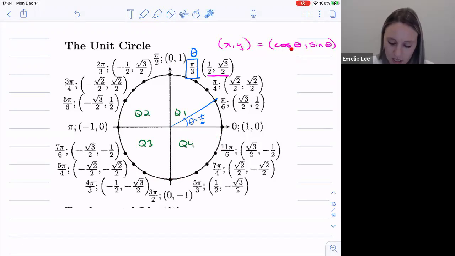Because the cosine is the x value, cosine is going to be positive in quadrant 1 and quadrant 4. And cosine is going to be negative in quadrant 2 and quadrant 3, right? Because now you're on the negative x-axis.